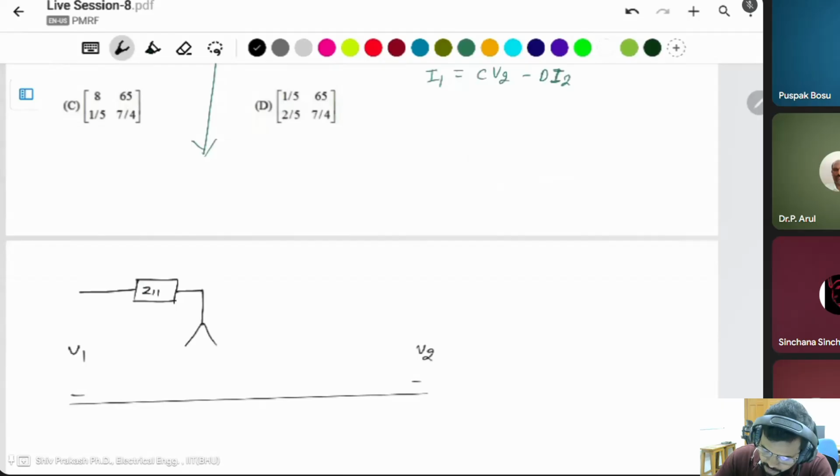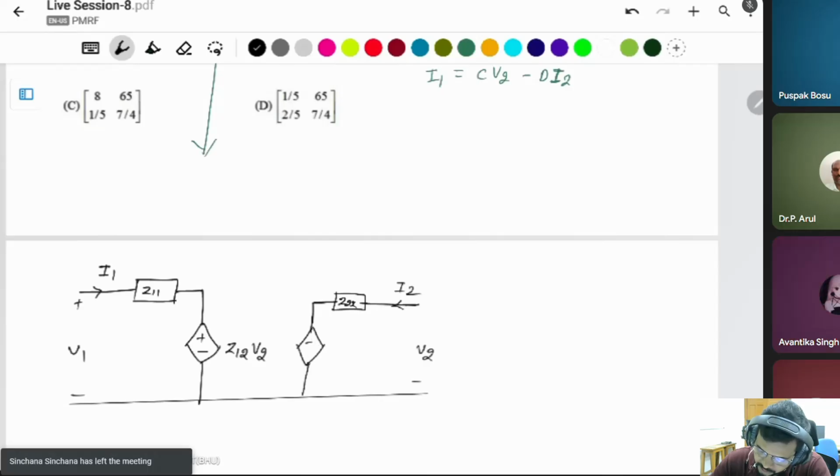Then after a voltage source, Z12 depending on the secondary side voltage. I1, V1, same thing as the secondary side. Current is I2, have some impedance Z22, then have some voltage Z21, I1.